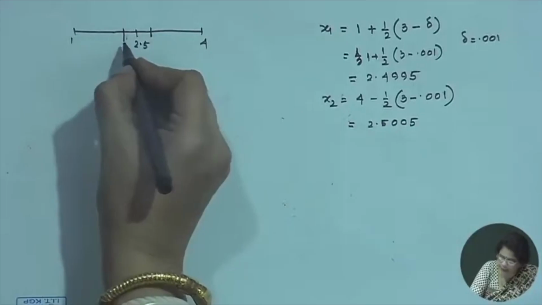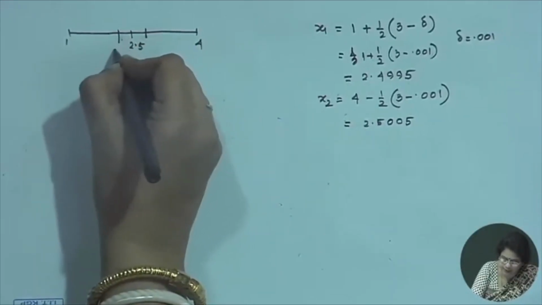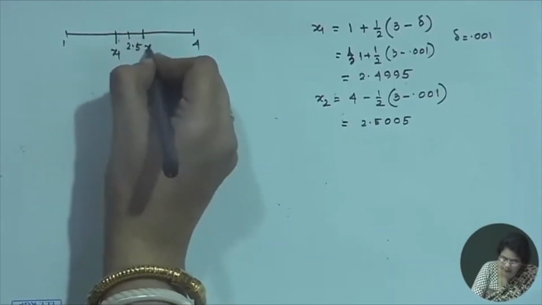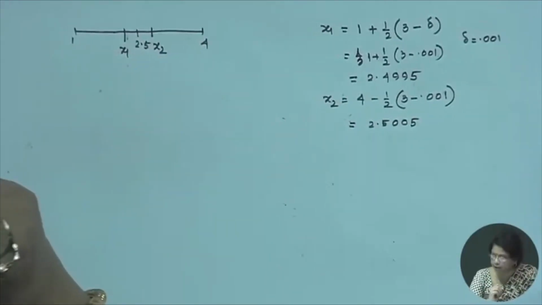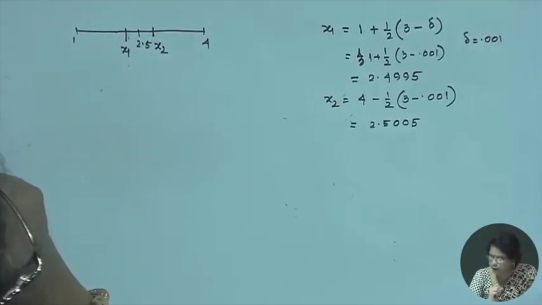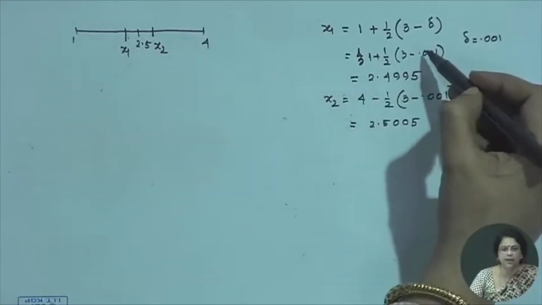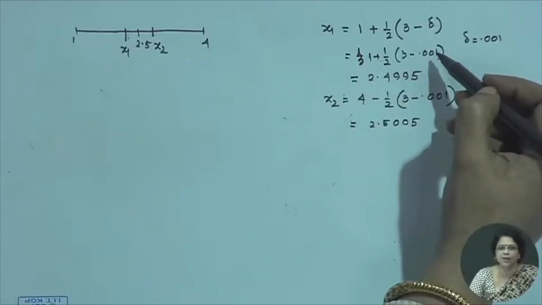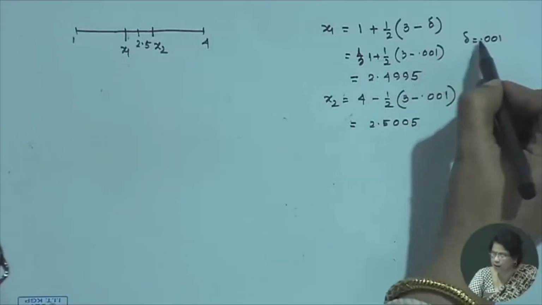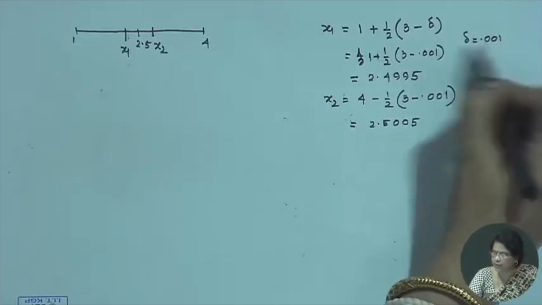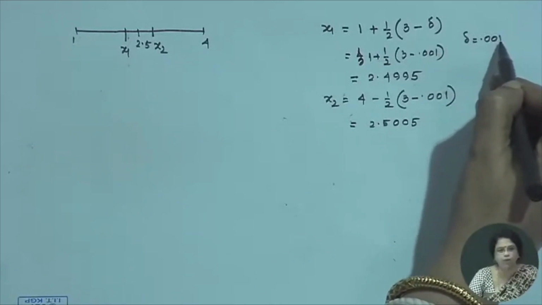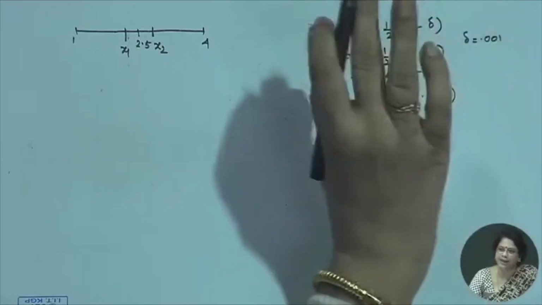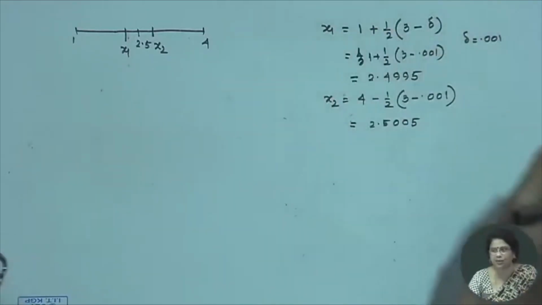That is why we can place 2 points here. This is my x1 and this is my x2, x1 as 2.4995 and x2 as 2.5005. You can even find it out without doing the calculation, because if you just take delta by 2 on one side, then it would be 0.0005. 2.5 minus that, 2.5 plus that, you can get these two values.